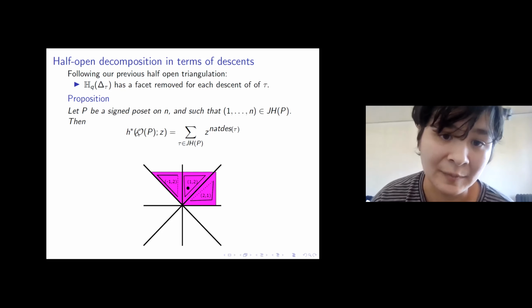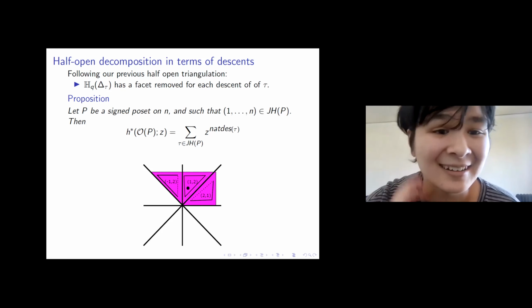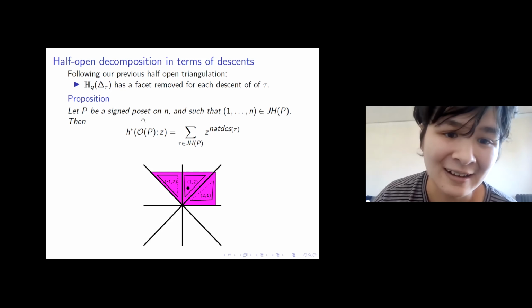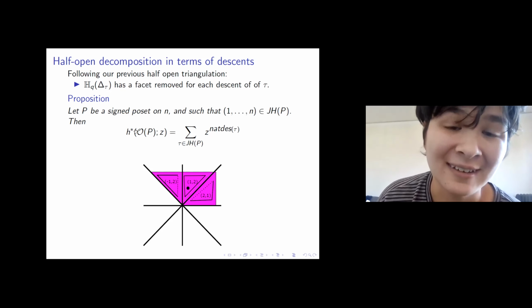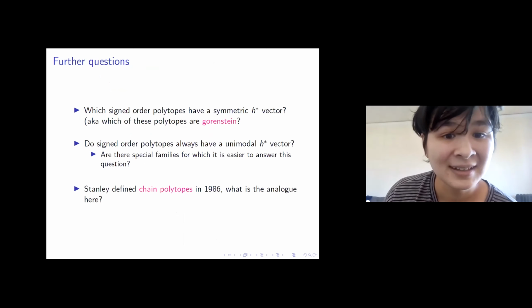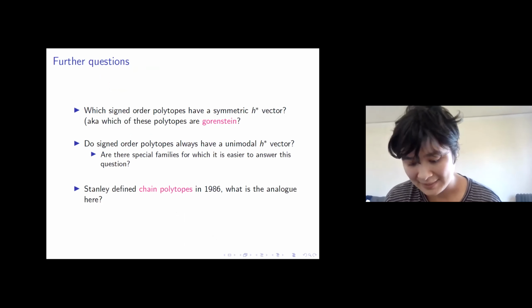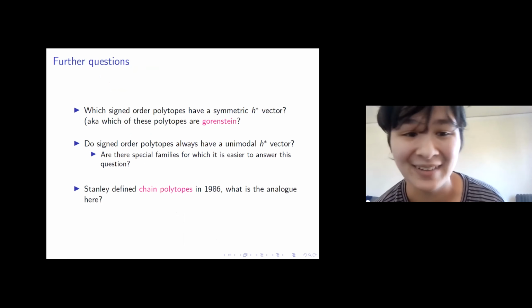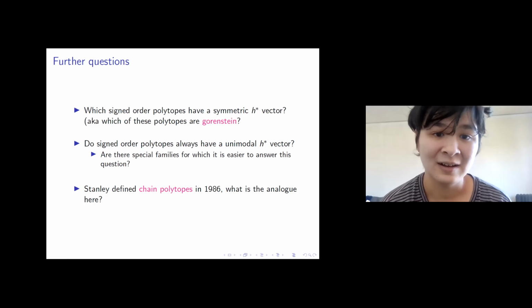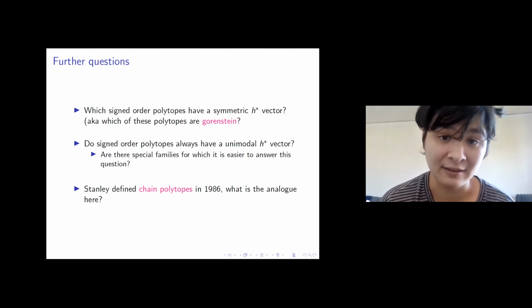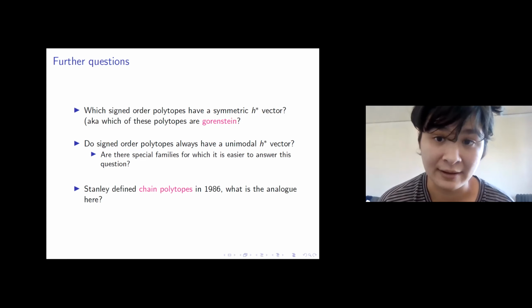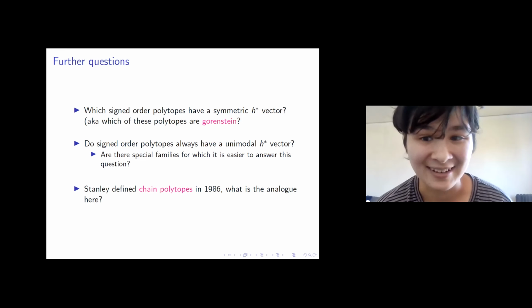So that is what I've been working on, coming up with how to write the H-star polynomial using descent statistics. So some questions that I'm thinking about, that you all might have some helpful tips for me on: another property that we look for in H-star polynomials is whether or not they are symmetric.